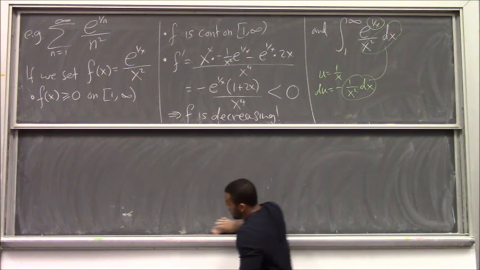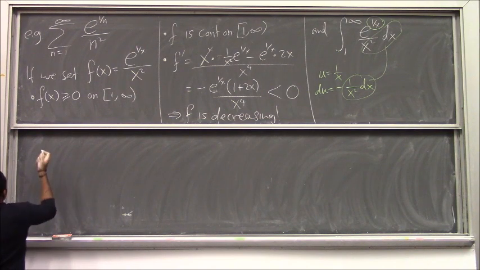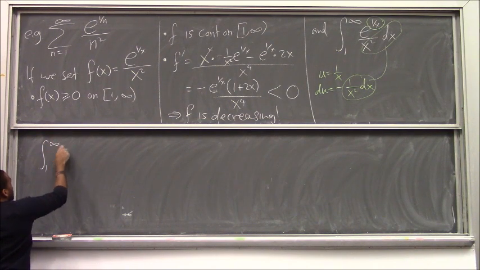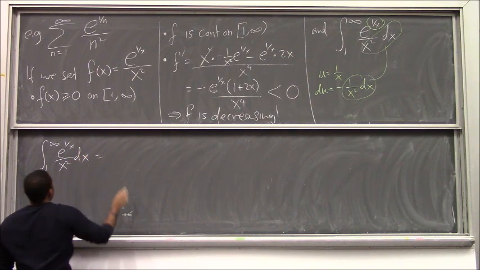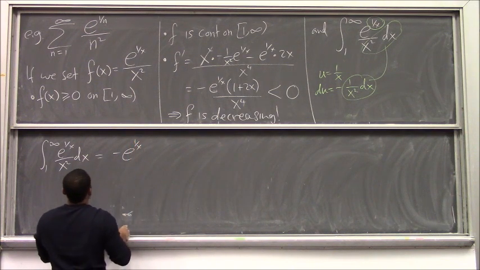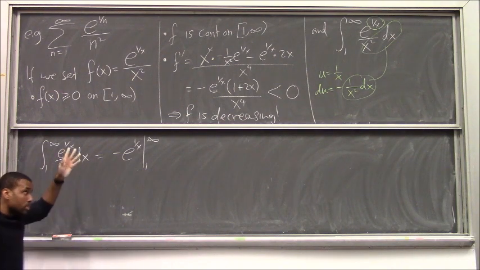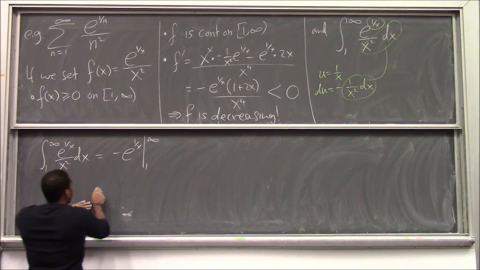So now we've reduced the series problem to an improper integral problem. And so if you have the integral from 1 to infinity of e to the 1 over x squared dx, you can do substitution. This will be minus e to the 1 over x from 1 to infinity. Yes, I know I'm supposed to do the limit as n approaches infinity, okay, we've been there.